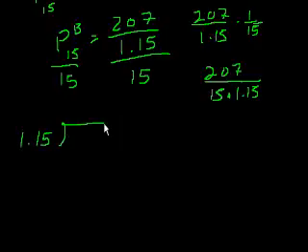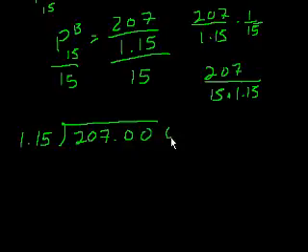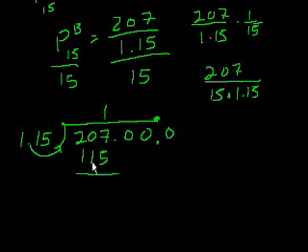1.15 goes into 207. Add some decimals, push this 2 to the right, decimal goes there. 115 goes into 207 one time. 1 times 115 is 115. And then, let's see, it's 85 plus 7, right? 85 plus 7 is 92, 920.